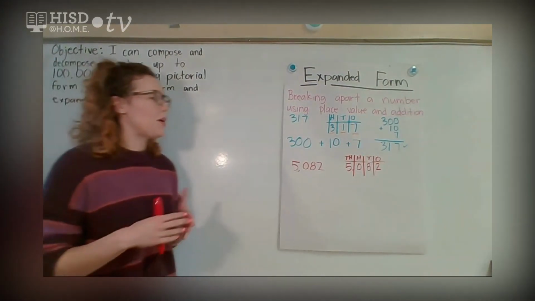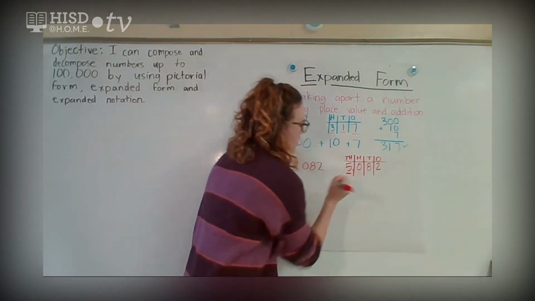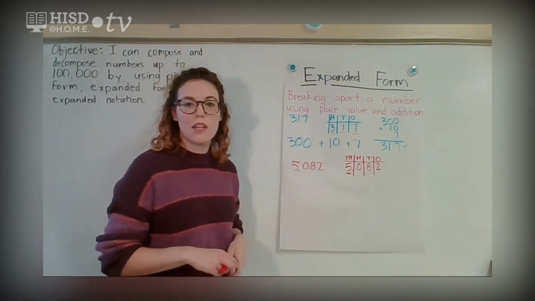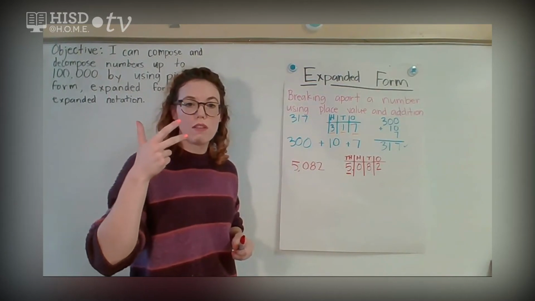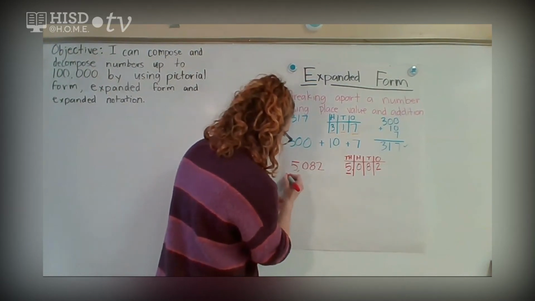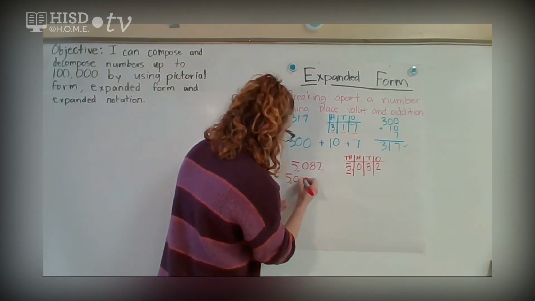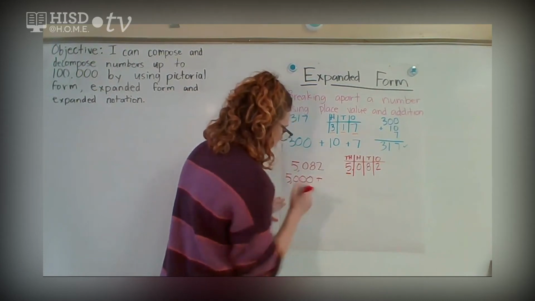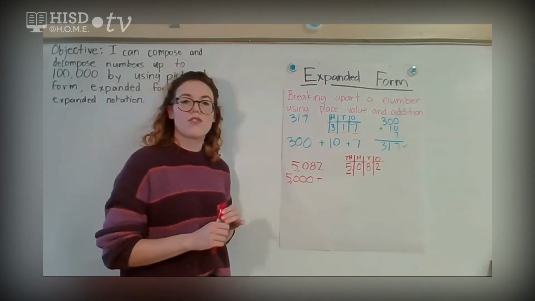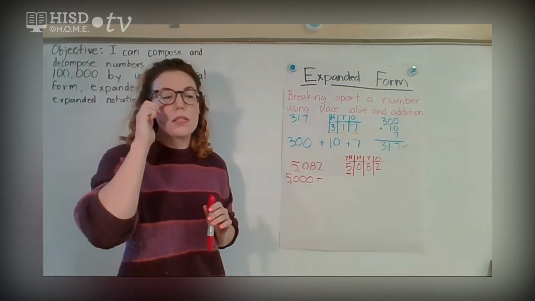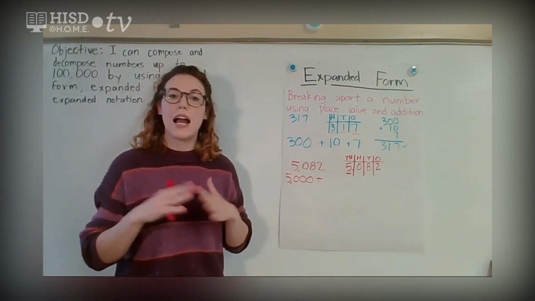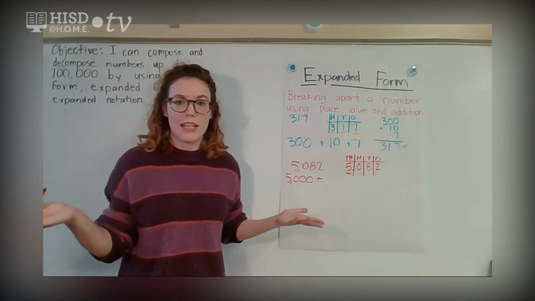Now, I'm going to break this number apart. I'm going to start with that thousands place. How many thousands do I have here? 5. So 1,000, 2,000, 3,000, 4,000, 5,000. I have 5,000 plus. I have 0 hundreds. Do I need to write anything if there's 0 hundreds? I could write plus 0, but I'm not going to write that, because I know that's the same thing as not writing anything.